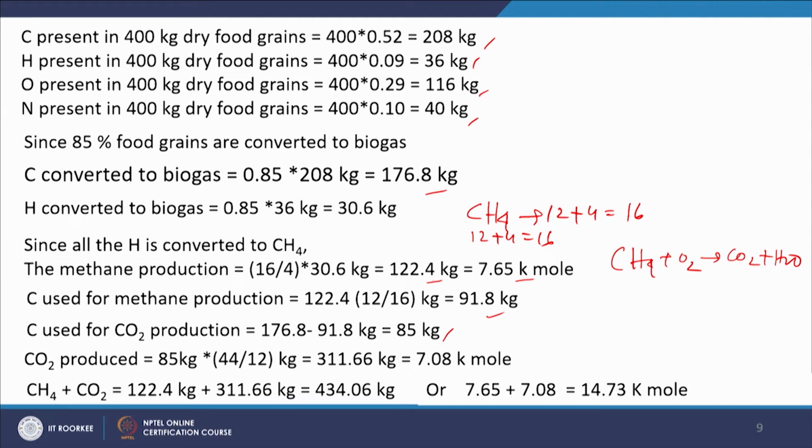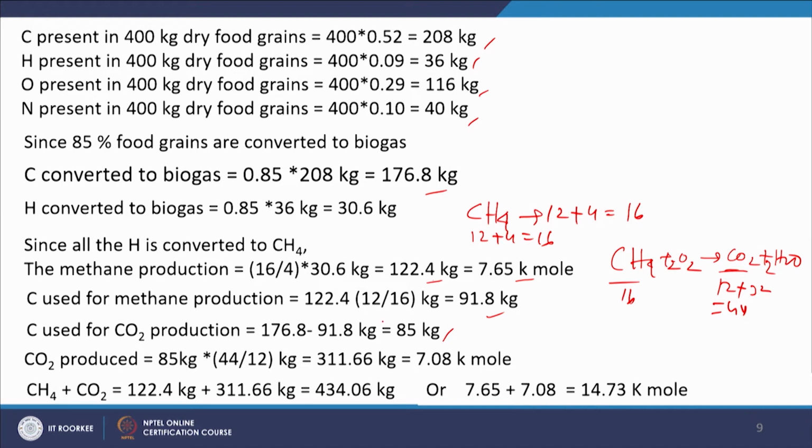So, carbon dioxide produced equal to how much? 1 mole will give 1 mole. So, CH4 plus 2O2 gives CO2 plus 2H2O. So, in this case 1 mole methane gives 1 mole carbon dioxide. So, that is 12 plus 32, 44, and here 16.